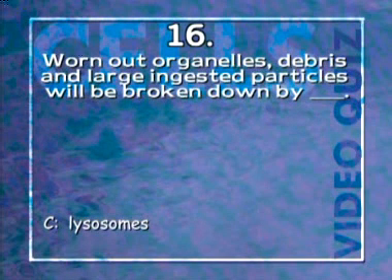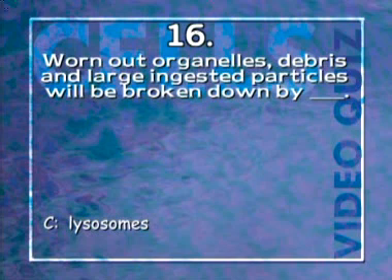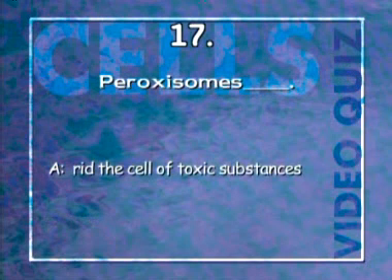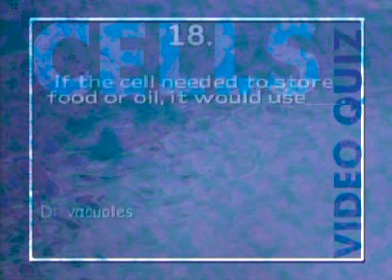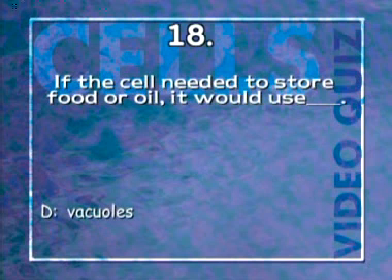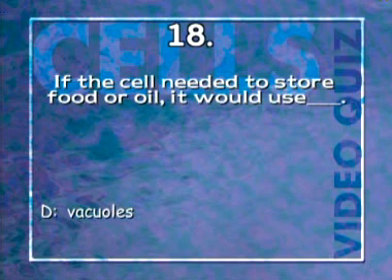C. Worn-out organelles, debris, and large ingested particles will be broken down by lysosomes. Question 17. A. Peroxisomes rid the cell of toxic substances. Question 18. D. If the cell needed to store food or oil, it would use vacuoles.